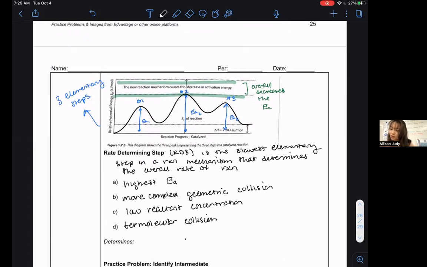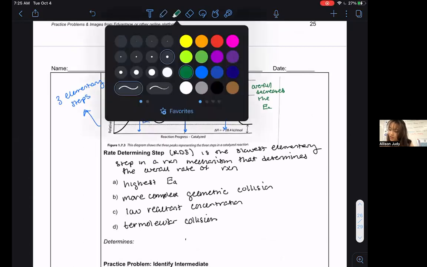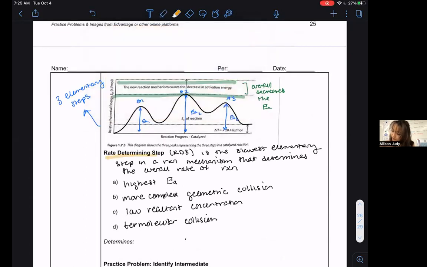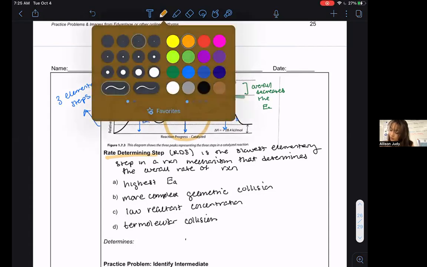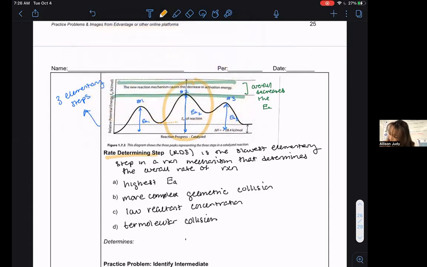So in our reaction, we would say that the rate determining step would be the second one right here, highest activation energy from the relative products, right? So where the relative products start, the activation energy is this amount. Oh, and I see I actually made a mistake.